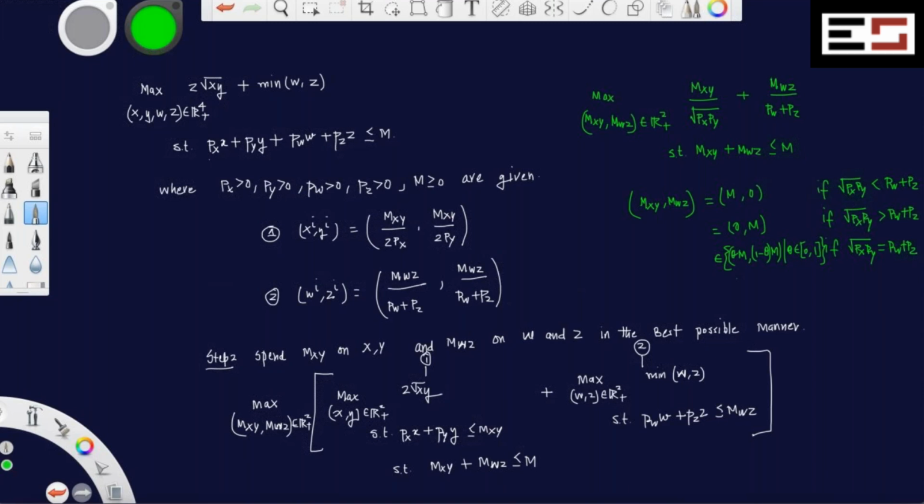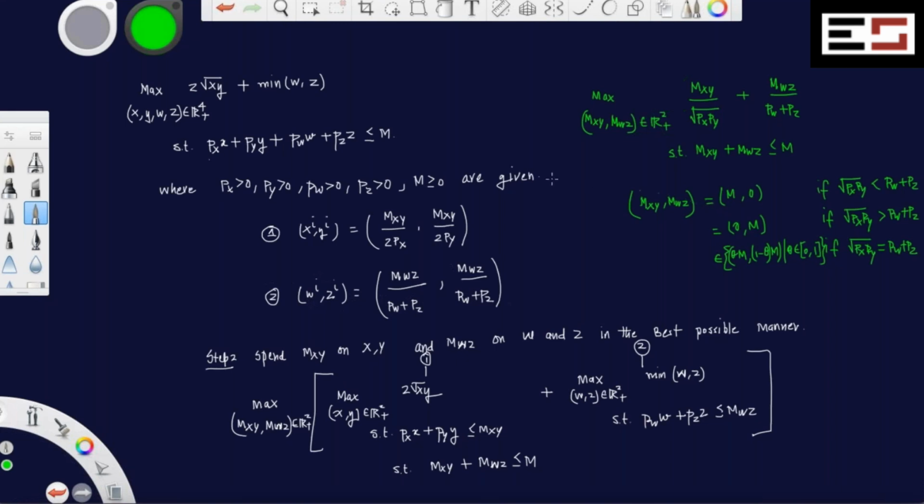Okay, so anything is okay, because the indifference curve of the objective will coincide with the boundary of this constraint.